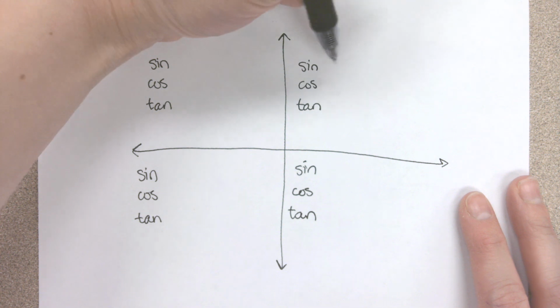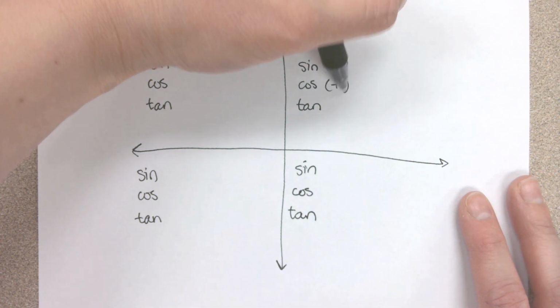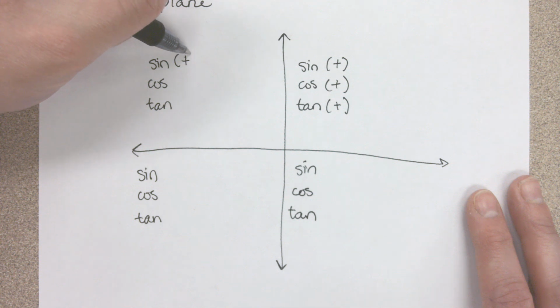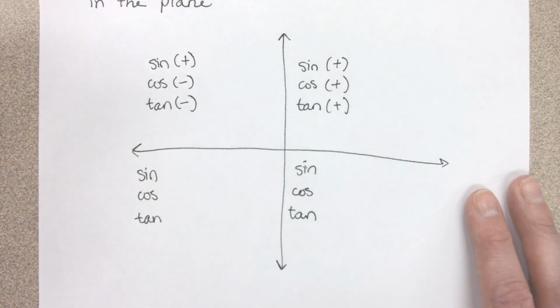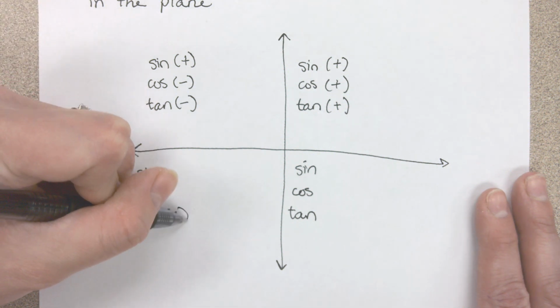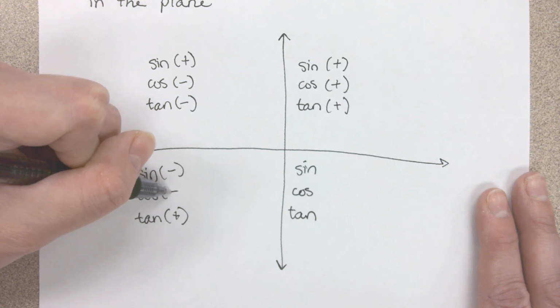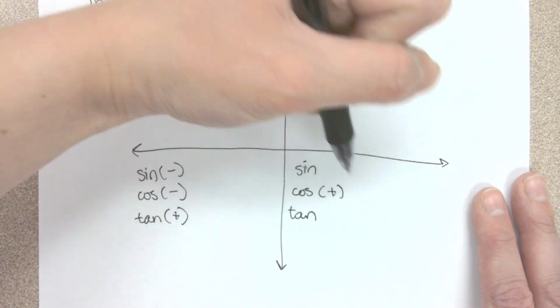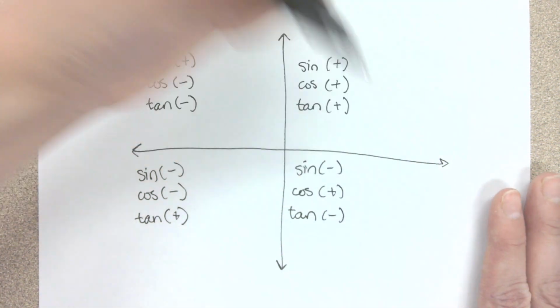In the first quadrant, all three functions have a positive value. In the second quadrant, only sine is positive, the other two are negative. In the third quadrant, only tangent is positive and the other two are negative. And lastly, fourth quadrant, only cosine is positive and the other two are negative.